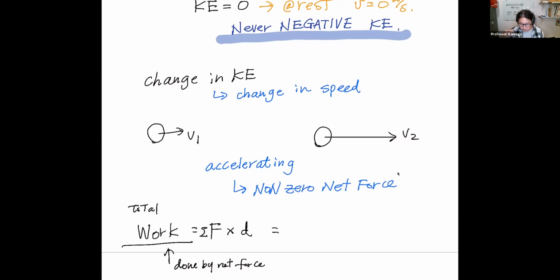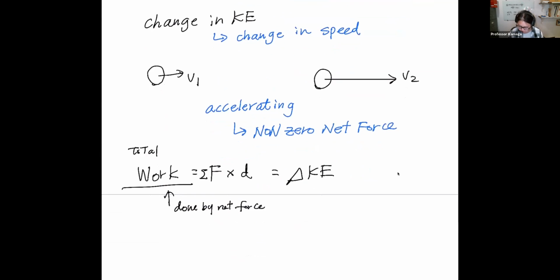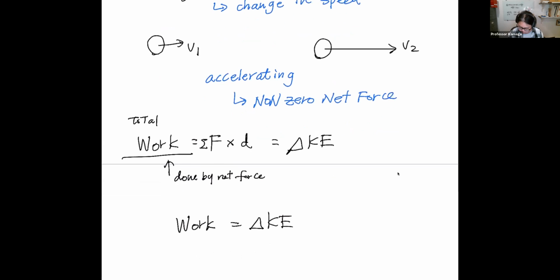Whenever you have a net force applied, you're going to have a change in kinetic energy, because whenever you have a net force, it has to accelerate, so the kinetic energy has to change. This is called the work energy theorem: work done by the total force is equal to the change in kinetic energy.